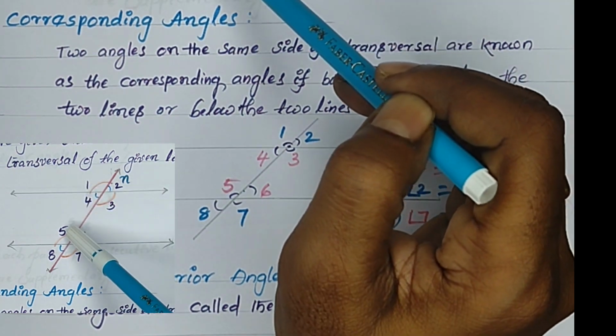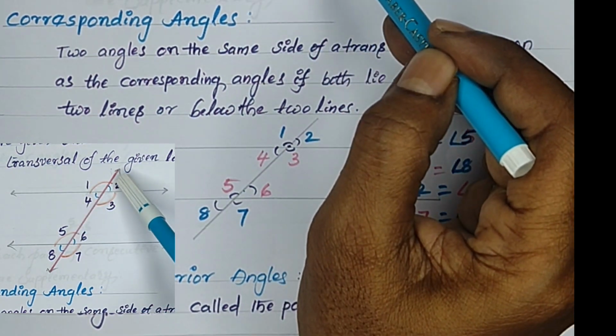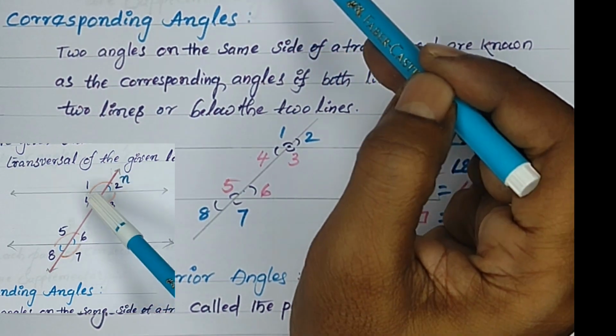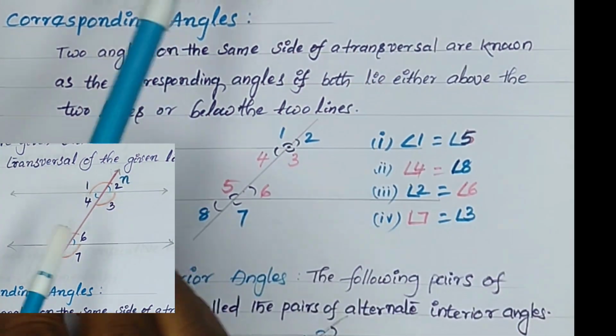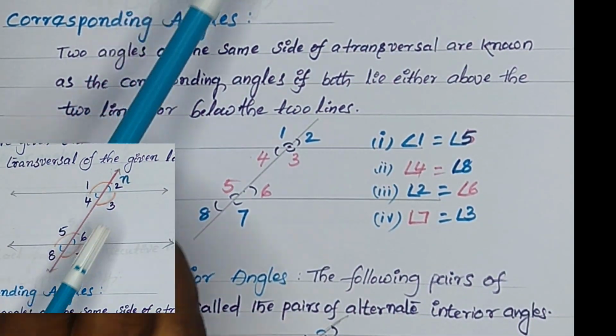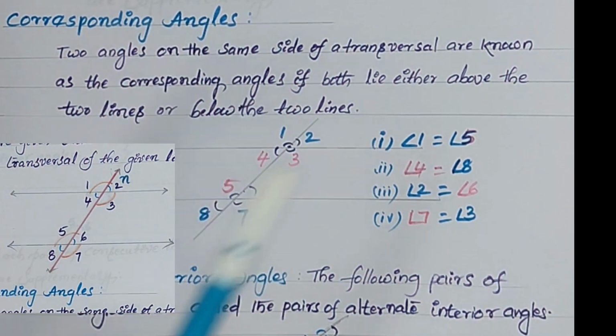Angle 1 is equal to angle 5, angle 2 is equal to angle 6, and below the lines, angle 4 is equal to angle 8, and angle 3 is equal to angle 7.